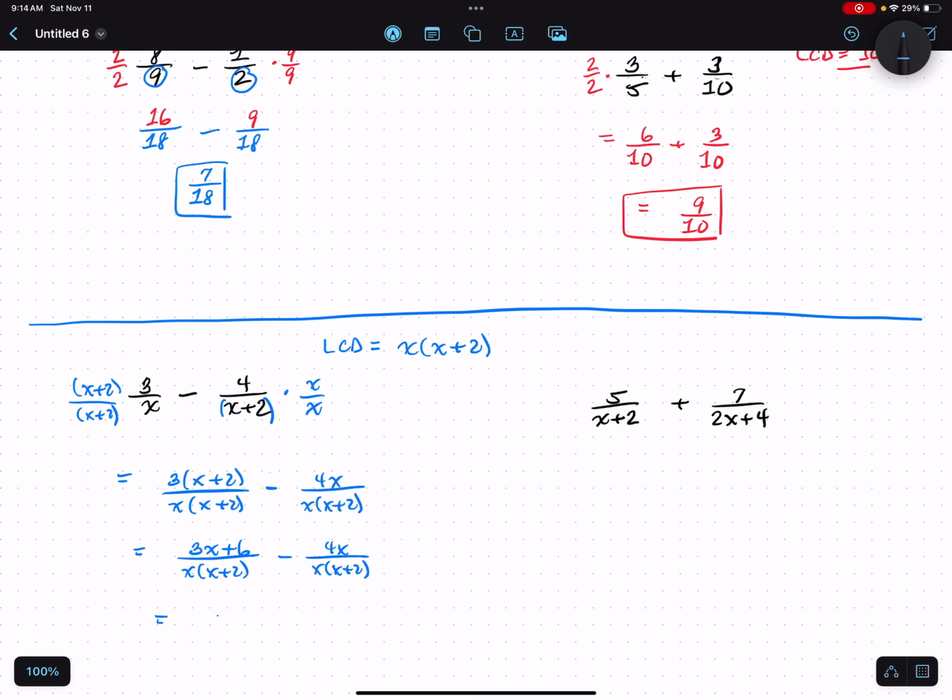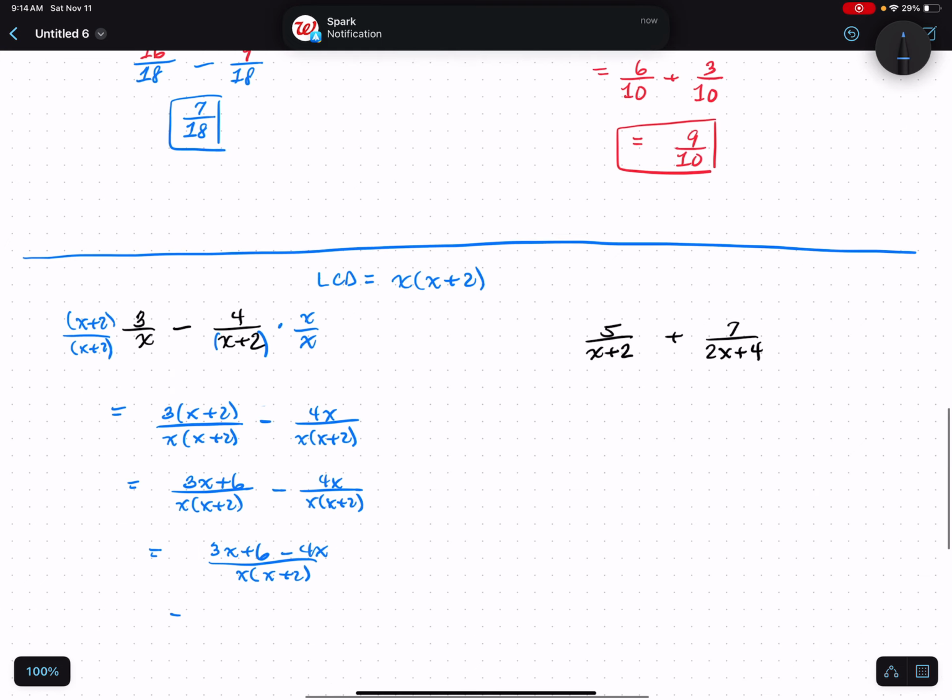And now we can combine the numerators just like we did before. I'm going to need another line here. And combine like terms, 3x minus 4x is negative 1x, or just negative x, plus 6 all over x times x plus 2. And we're actually going to call that the final answer.